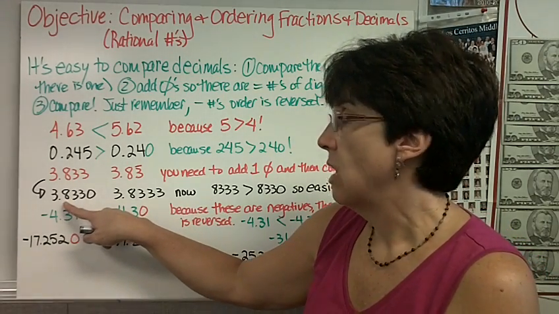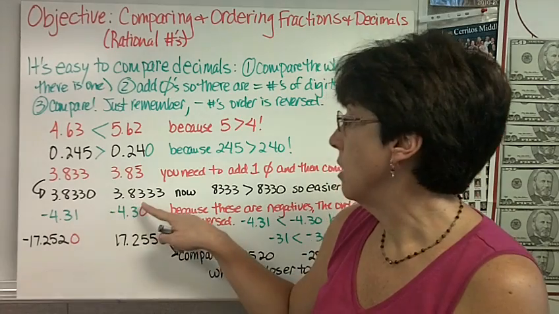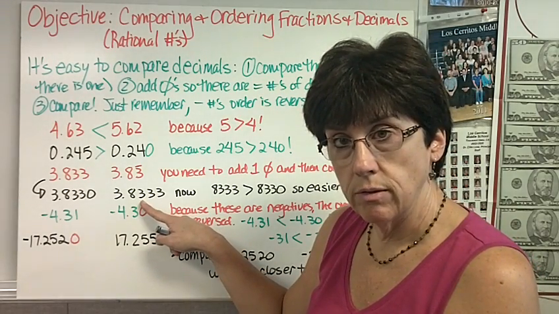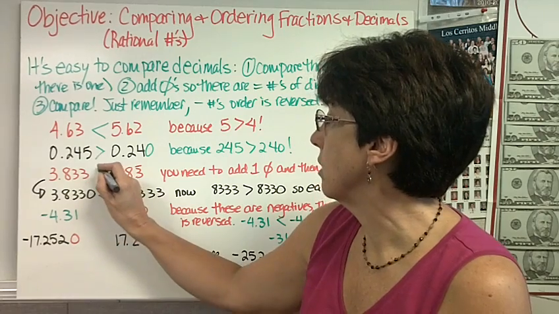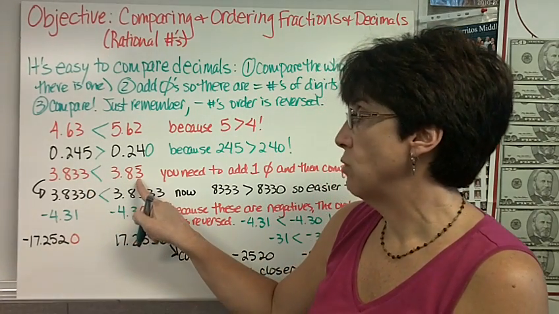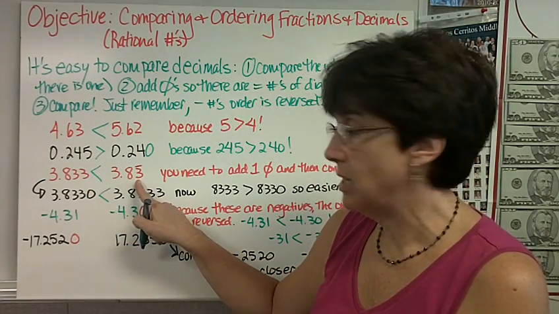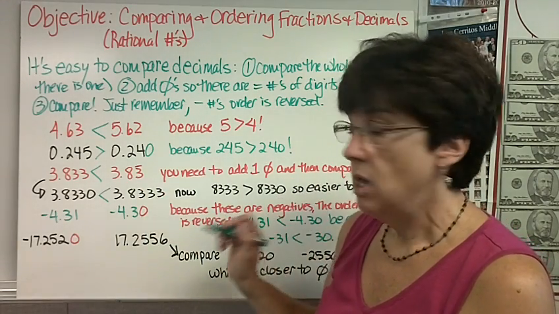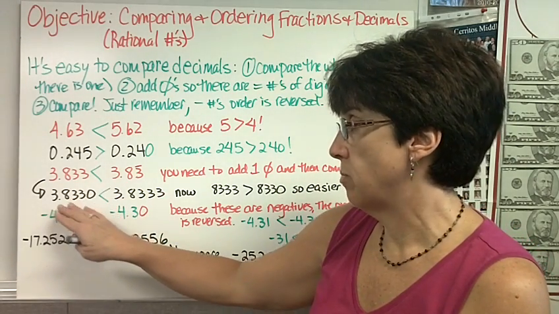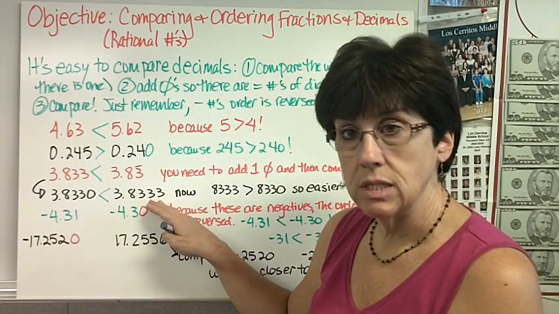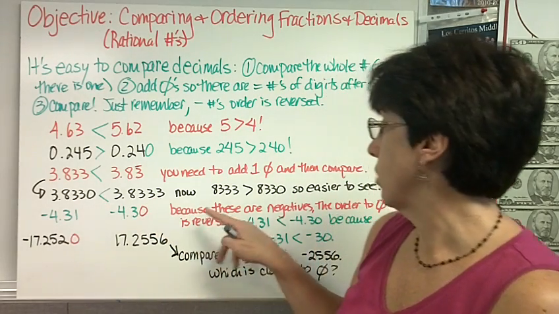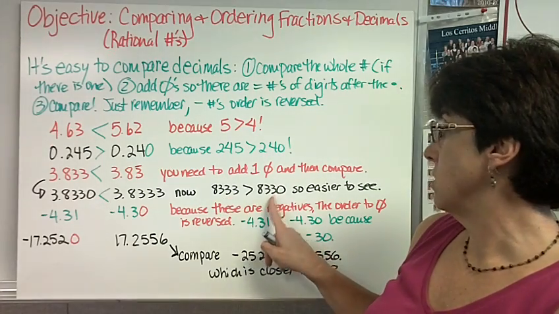What's bigger, 8,330 or 8,333? Hopefully you said 8,333. So that means this repeating decimal side is bigger because these 3s go on forever. If you add a 0 here, and here you add 3s, it's easier to see.